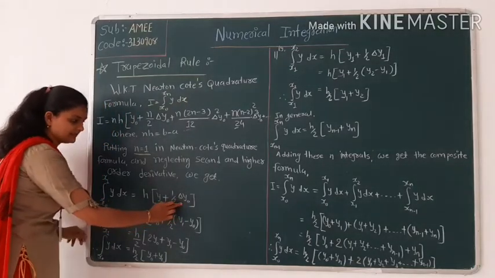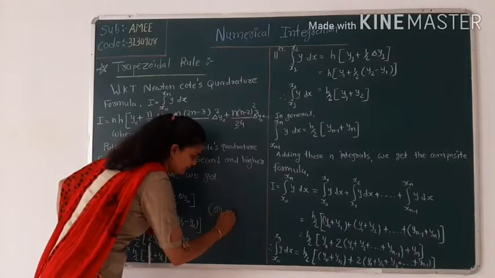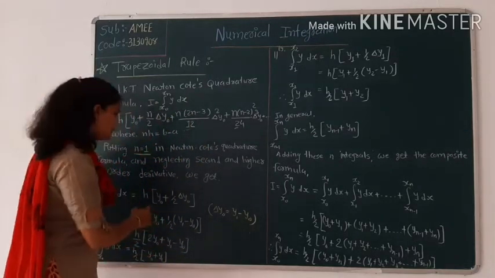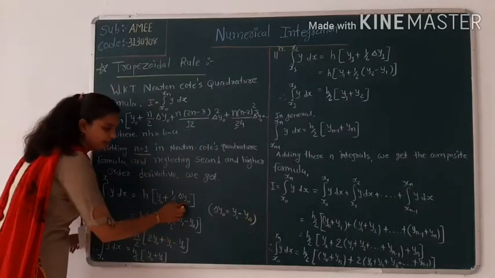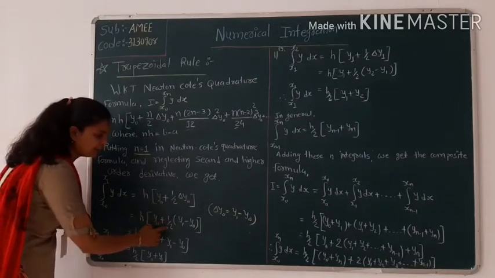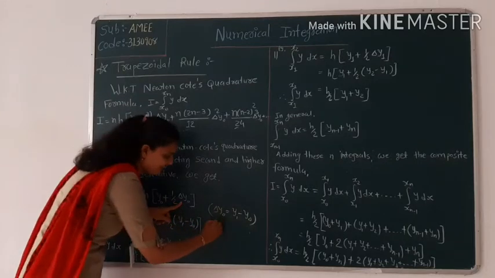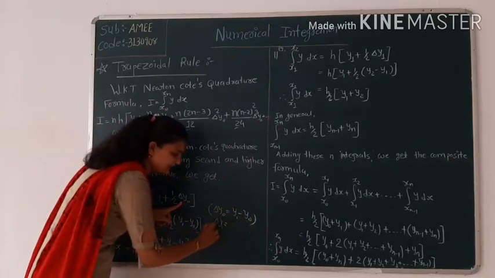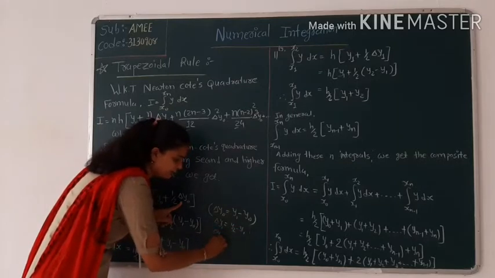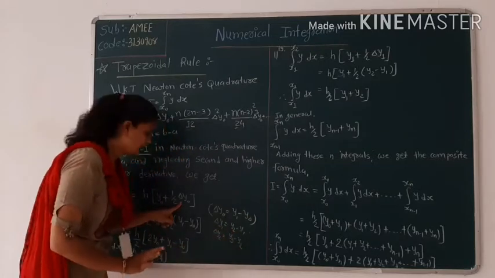Now, we simplify this. We know delta y0 equals y1 minus y0. So we put the value of delta y0. So h times y0 as it is plus 1 by 2 times delta y0, which is y1 minus y0. In the same way, delta y1 is y2 minus y1, delta y2 is y3 minus y2 and so on.